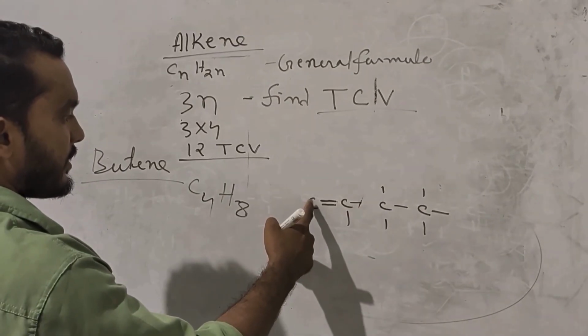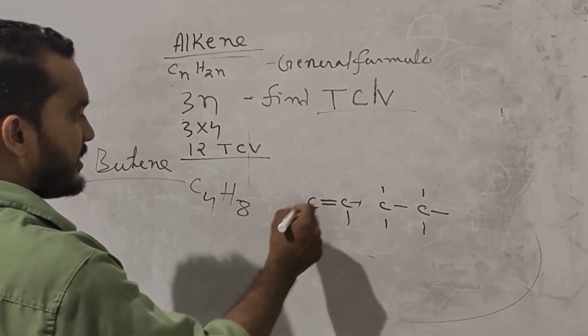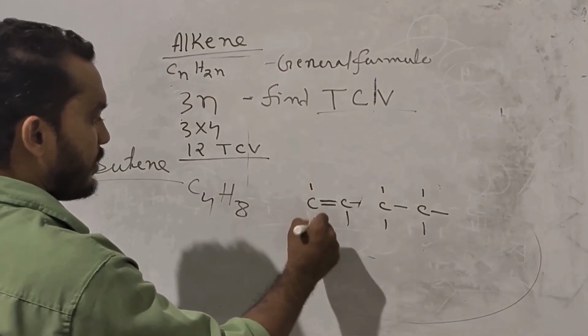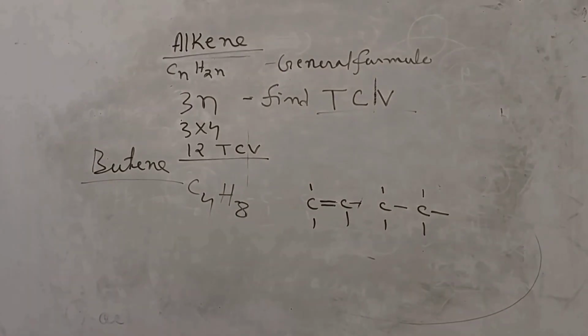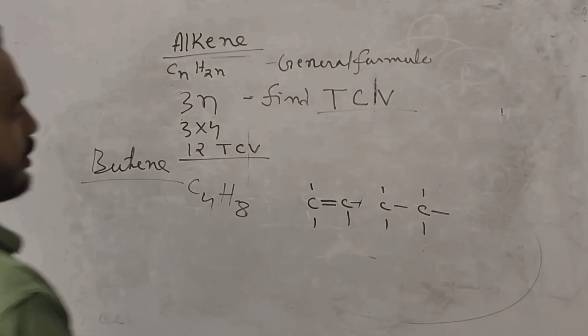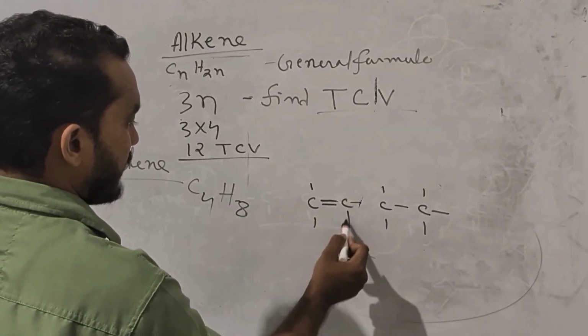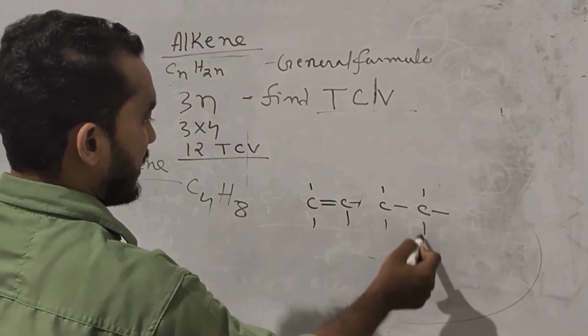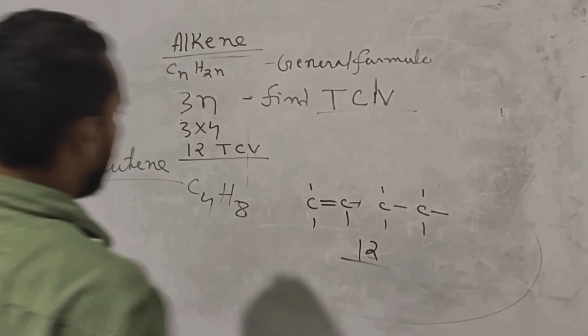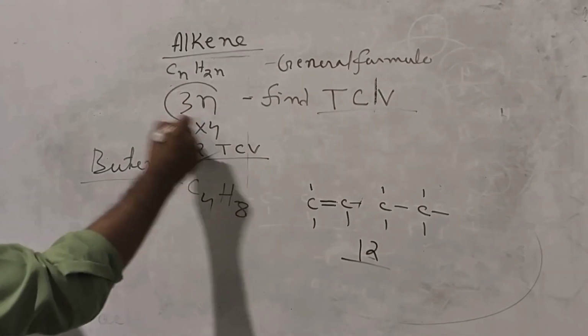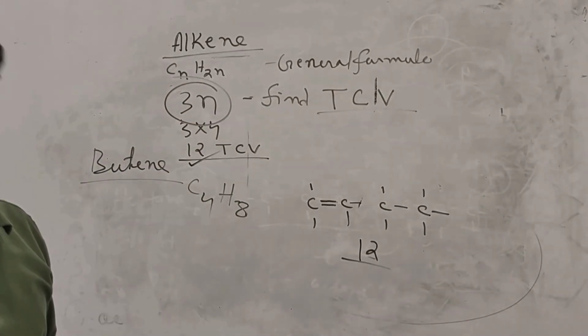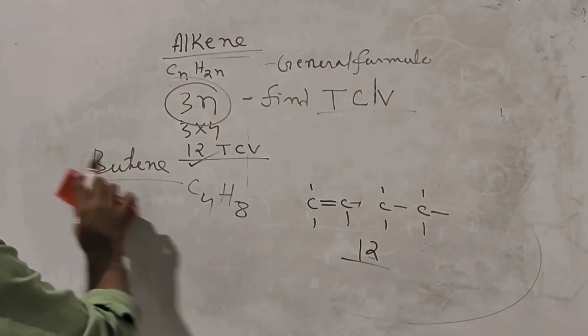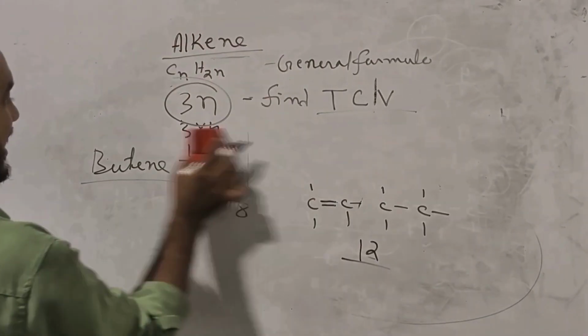With this carbon 2 bonds are there, so I can place one bond and one bond. Now you check how many total covalent bonds there are: 1 2 3 4 5 6 7 8 9 10 11 12. So it is 12. So it matches. So you use this formula, that is 3n. Is it clear?